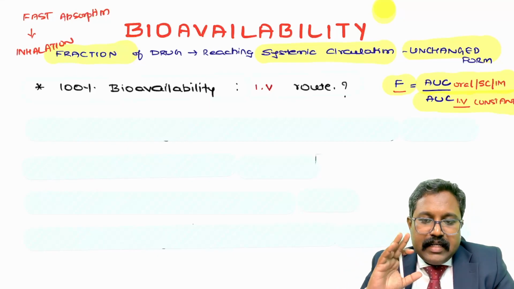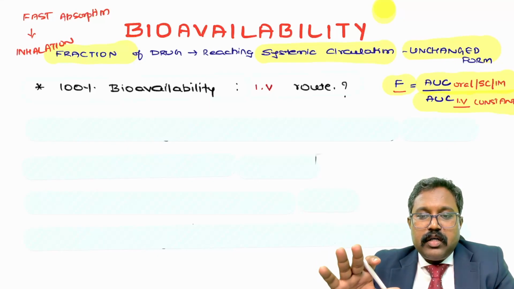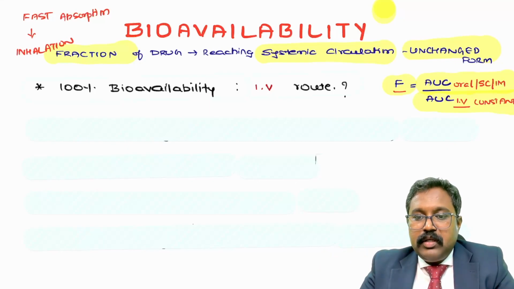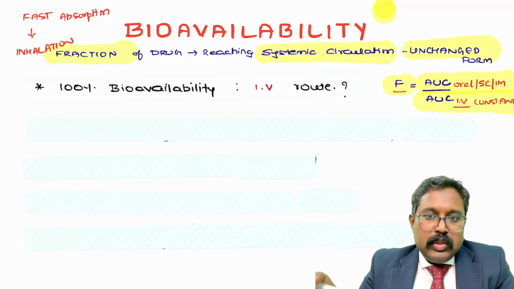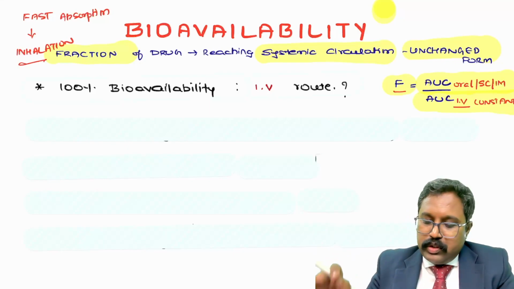But if they ask 100% bioavailability following drug administration, it is the IV route. If they ask which route bypasses absorption, it is the IV route. Which route has the fastest absorption? It is the inhalation route. Is it clear?